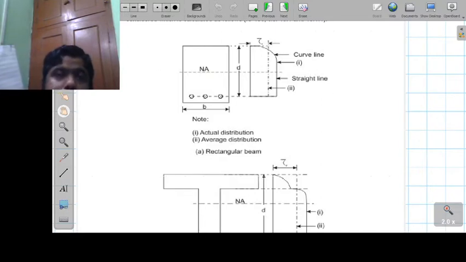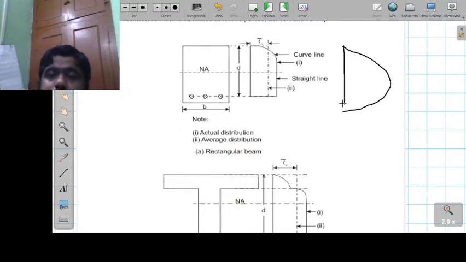Okay, basically how does the shear stress occur? If you see this, in a rectangular section, shear stress occurs in this fashion. The maximum shear stress will occur at the center, and the shear stress will be minimum at the edge. If this is the neutral axis, then at the neutral axis the shear stress will be maximum, and as it goes downward, the shear stress will be minimum.